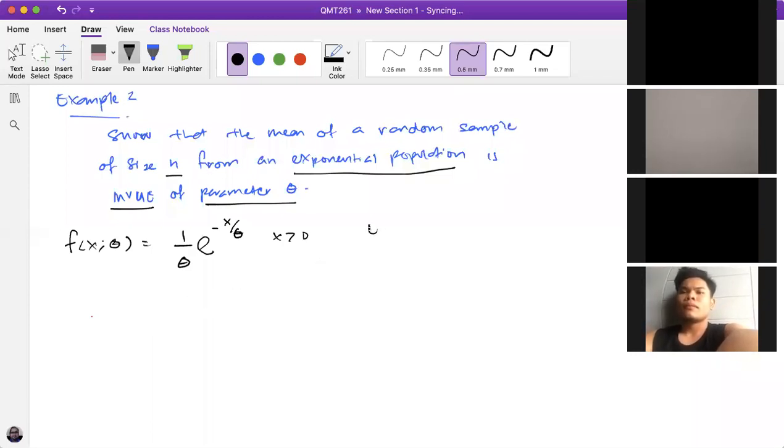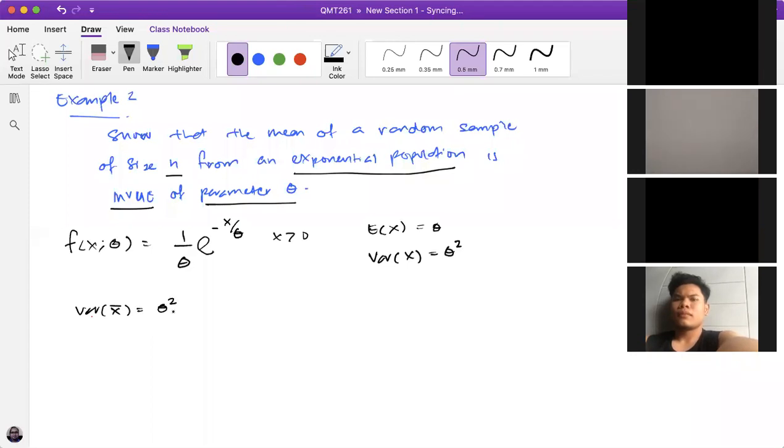Then the expected value of x is theta, the variance of x is theta squared, and the variance of x bar is theta squared over n. Right?